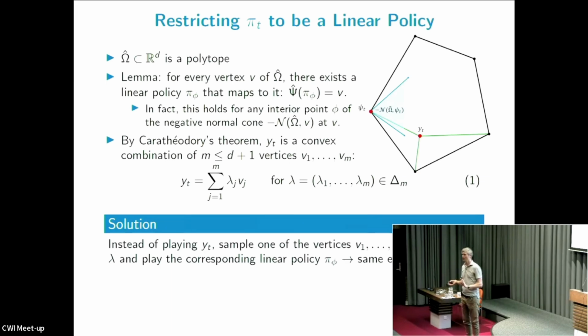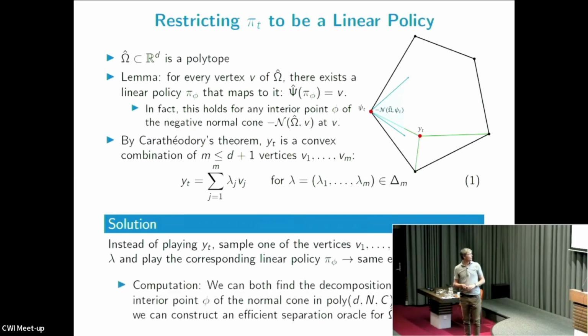So that's the final approach. Now we've fixed all the issues. There's only the issue of computation. Can we do all of this efficiently? It turns out that to find this decomposition and also find the corresponding linear policy, there are standard linear programming results that allow you to do that if you have a separation oracle for this omega hat.